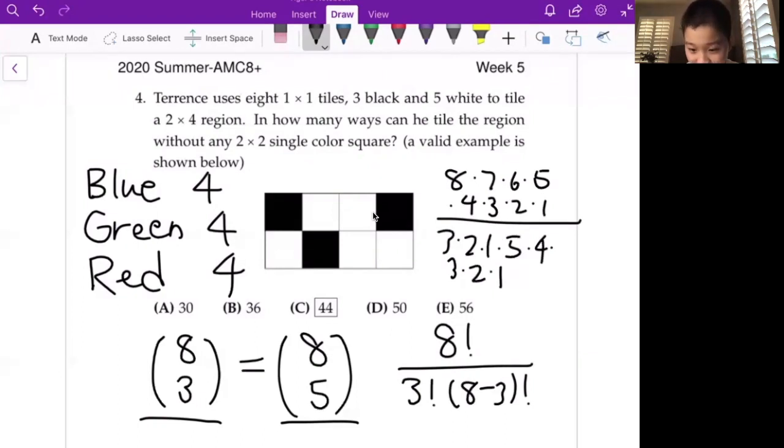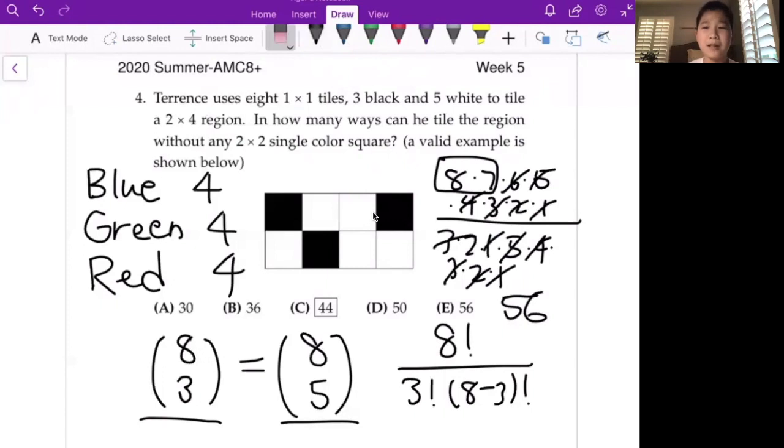We can cancel these, and these 3 ones are just useless. If you divide by 1, nothing happens. If you multiply by 1, nothing happens. And this 3 times 2 can cancel with this 6. So you're left with 8 times 7, which is equal to 56.